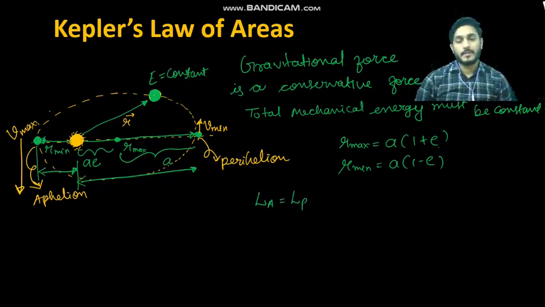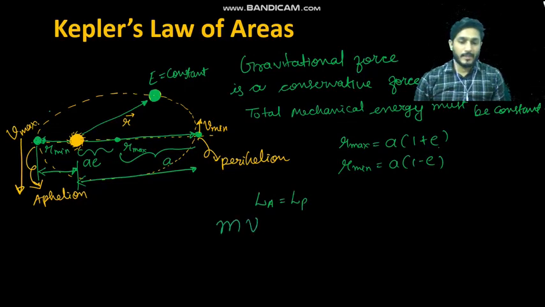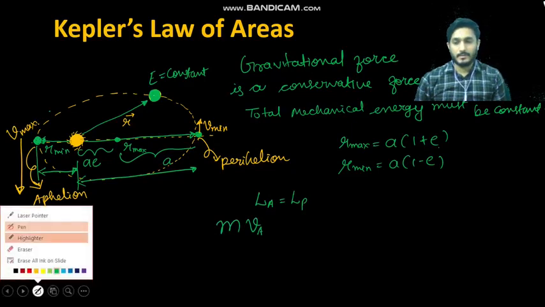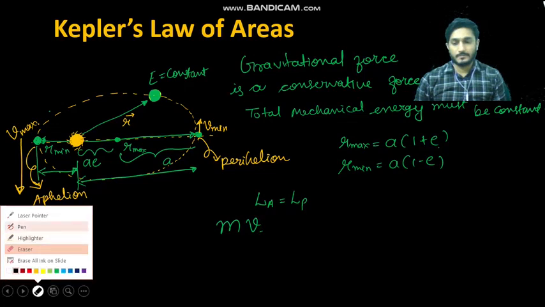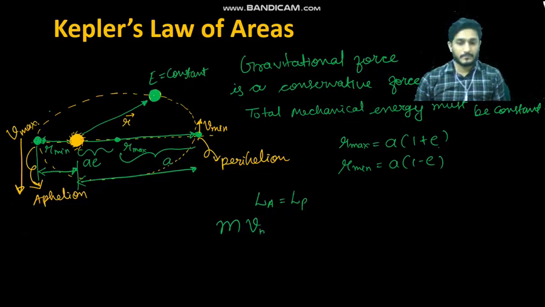We also know that angular momentum at one point must be equal to angular momentum at the other, because the angular momentum is constant. So we can say that m times v at minimum separation, that is maximum velocity, times r minimum must be equal to m times minimum velocity times r maximum.